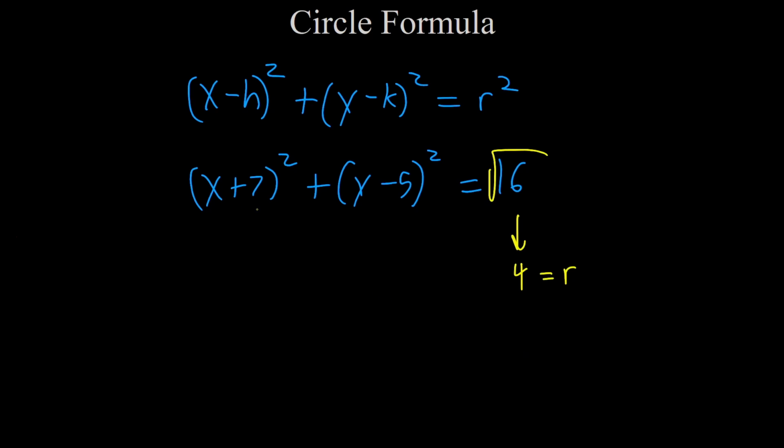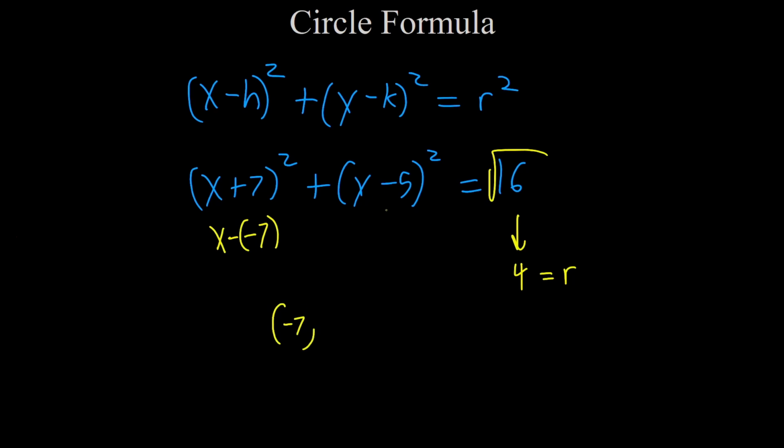Now, over here, we have x + 7. This is the same thing as x minus a −7. And remember, in our circle formula, we are subtracting the h value. We are subtracting the amount that the center has moved along the x-axis. Since it has moved −7, the center of our circle will have an x value of −7.